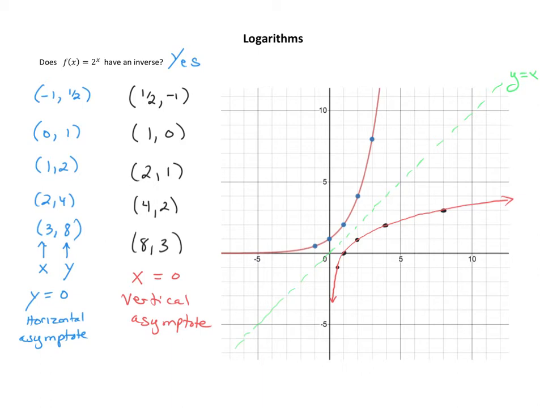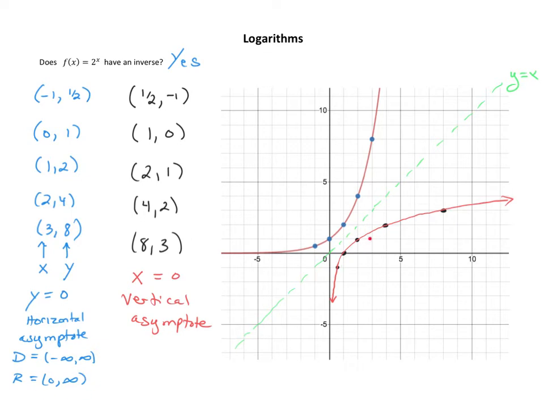Let's state a couple of other facts. On the original function, the domain is all real numbers, and that's because it goes forever from the left to the right. But the y values go from 0 to infinity, so the range is from 0 to infinity. Well, on the inverse function, these are switched because we're changing the x's and the y's.